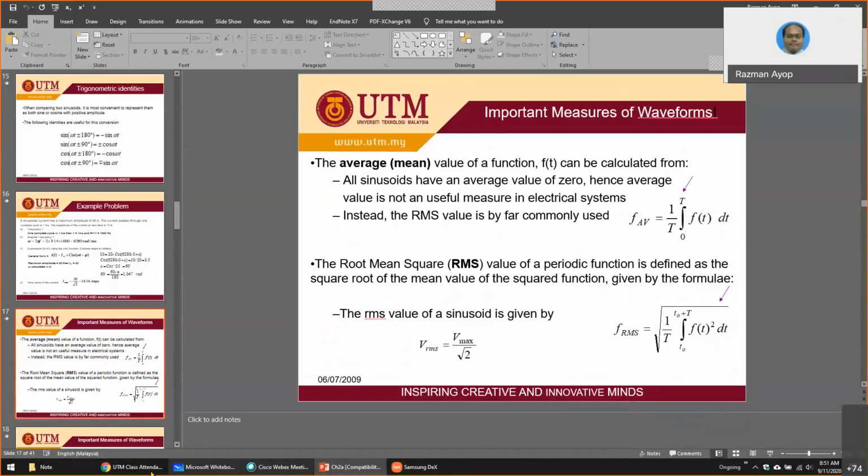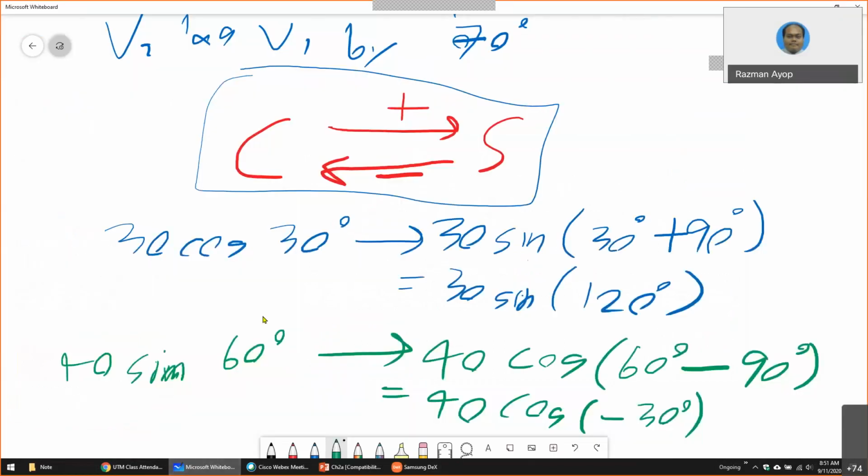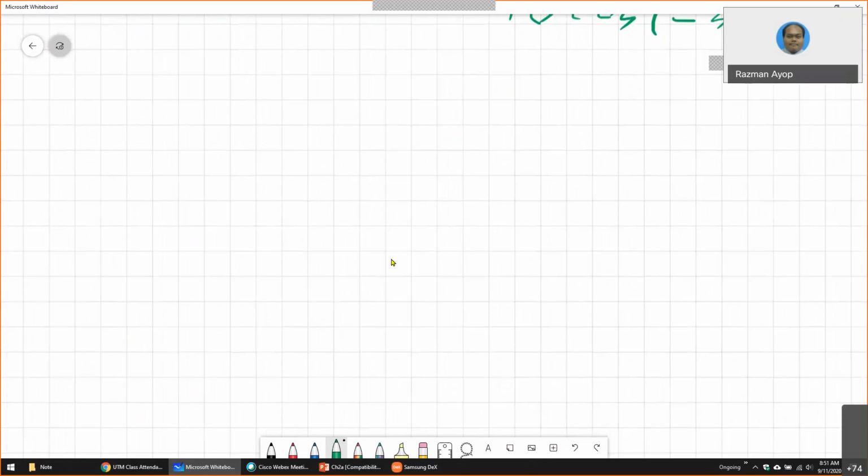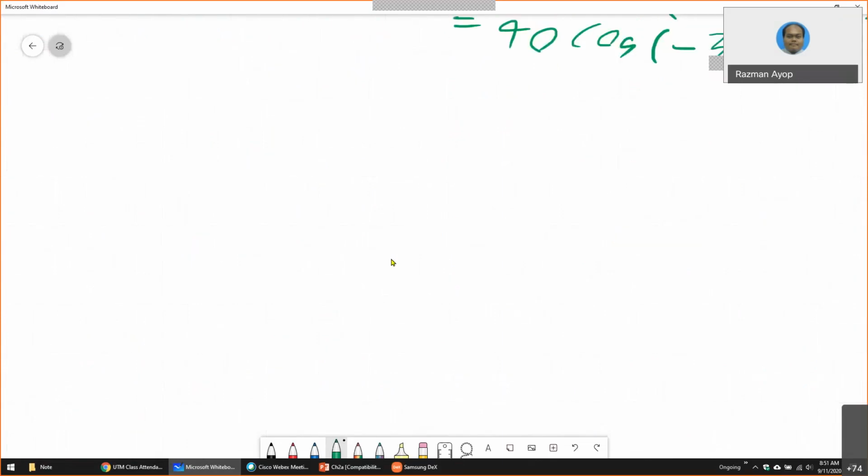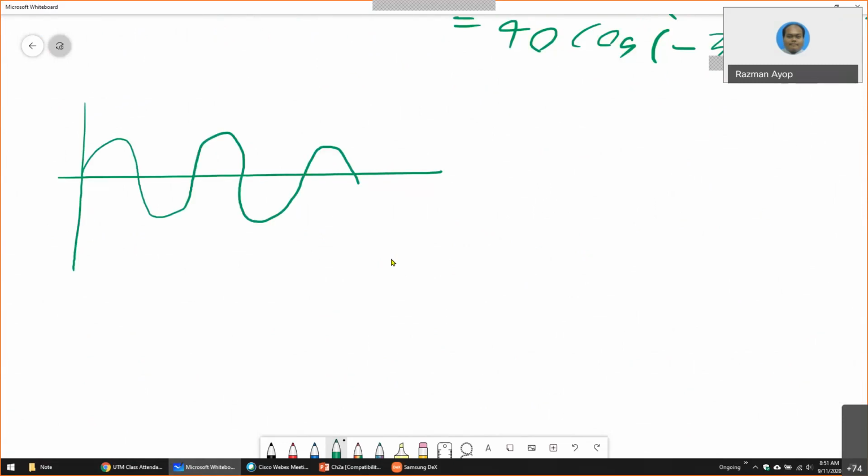Why is this important, the RMS and average? If you have a sine wave, you cannot just say Vmax, because it is not true, the voltage always changes. This is not an effective value. And if you use V average, what is the average? Average is basically the area under the graph in one cycle.